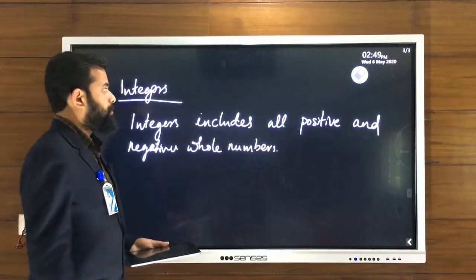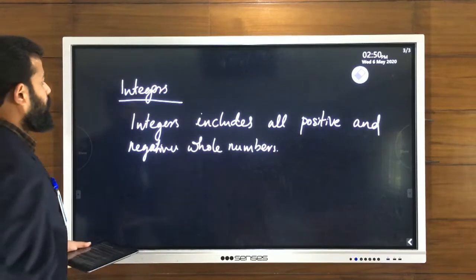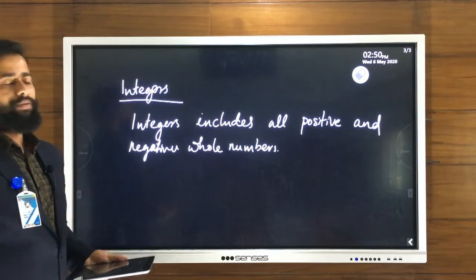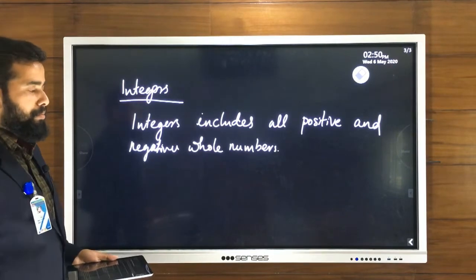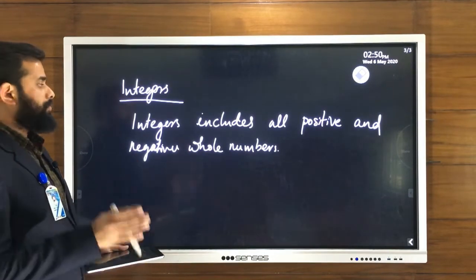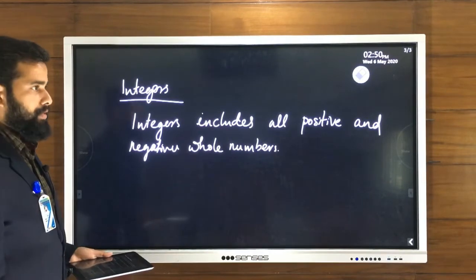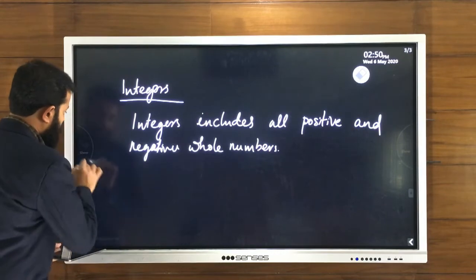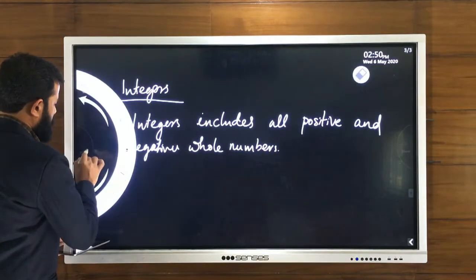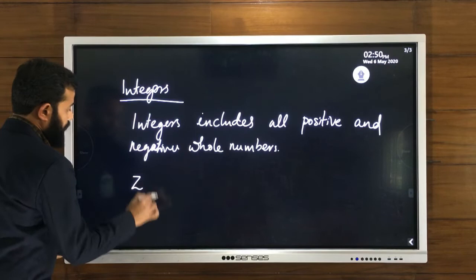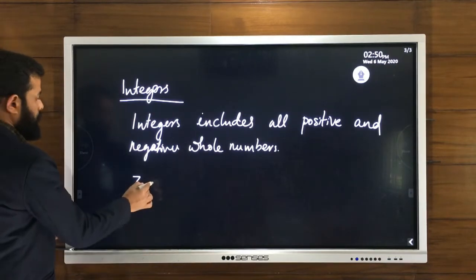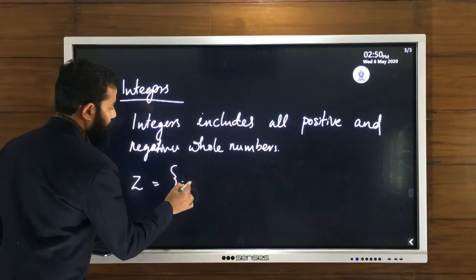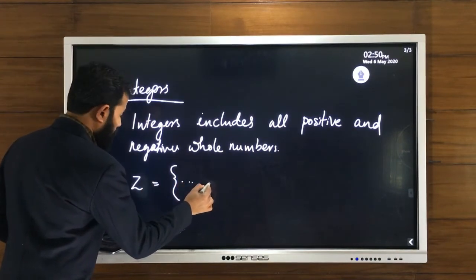Next set of numbers, that is integers. Integers include all positive and negative whole numbers. So, remember that all the positive and negative whole numbers will be included in integers, and integers are denoted by capital letter Z. So, it equals the set of all positive and negative whole numbers.